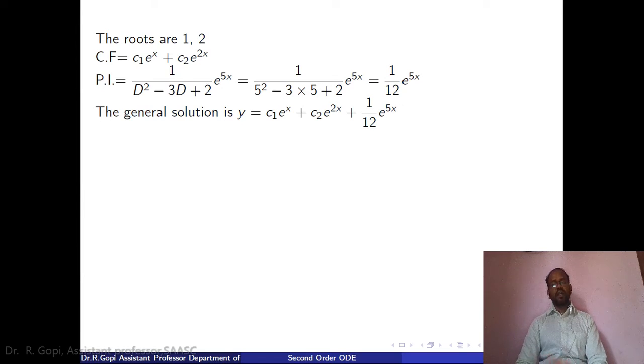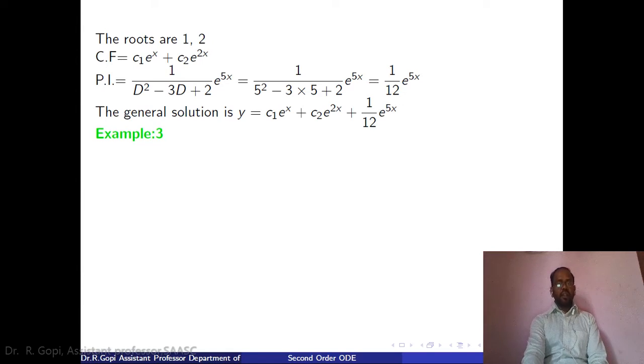Therefore the general solution of the given second order non-homogeneous linear ordinary differential equation is y equal to c1 e power x plus c2 into e power 2x plus 1 by 12 into e power 5x.